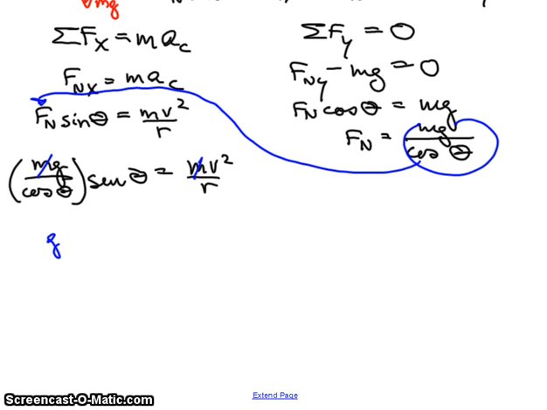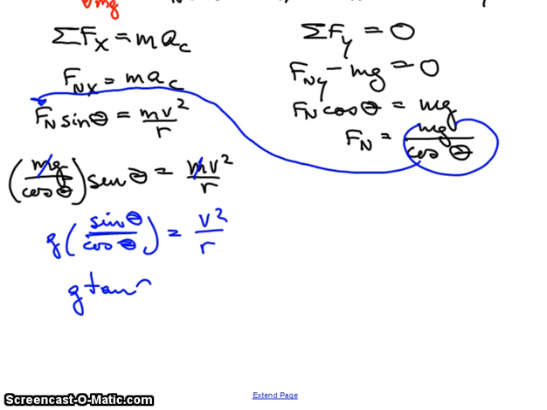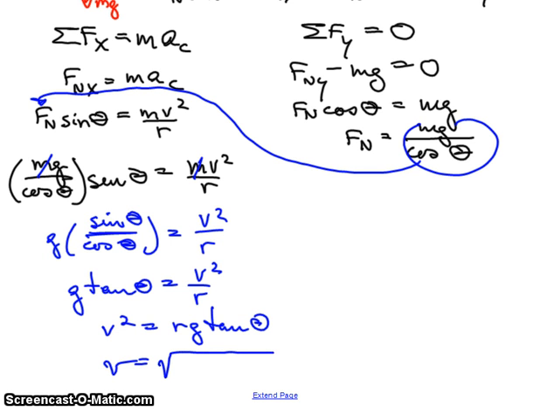I get g times the sine of theta divided by the cosine of theta equals v squared over r. The sine over the cosine is a tangent. g tan theta equals v squared over r. And solving for v, we get v squared equals rg tangent theta, or v equals the square root of rg tangent of theta.